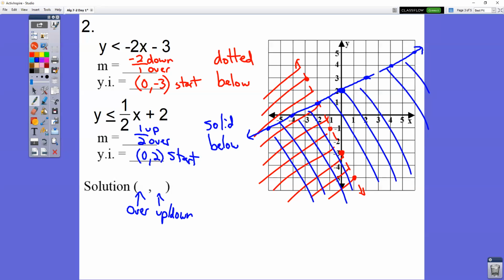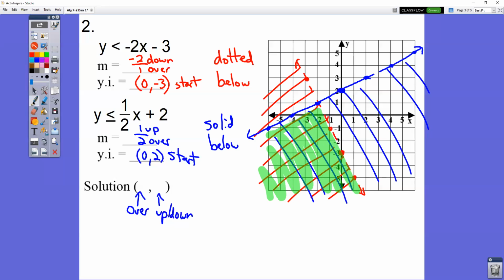I can't pick that point because that's on a dotted line. I have to pick a point somewhere in the double shaded area. So I have to pick a point that's here in the green. Now notice there are lots of different points to choose from. It does not matter which point you choose as long as it's in that double shaded area.